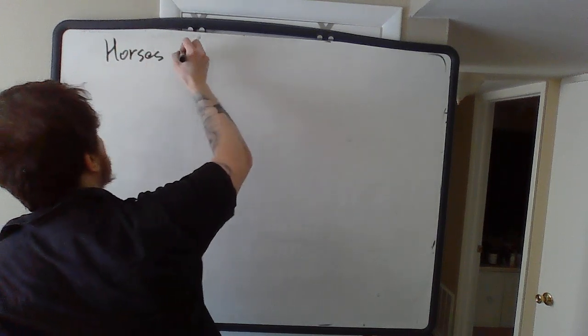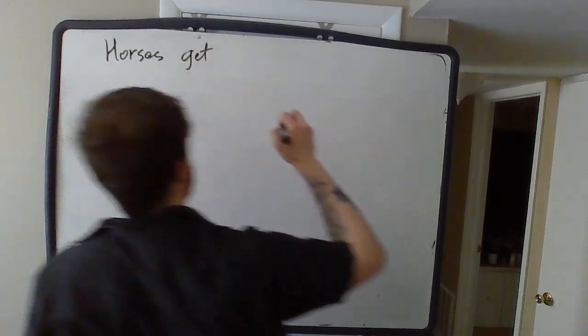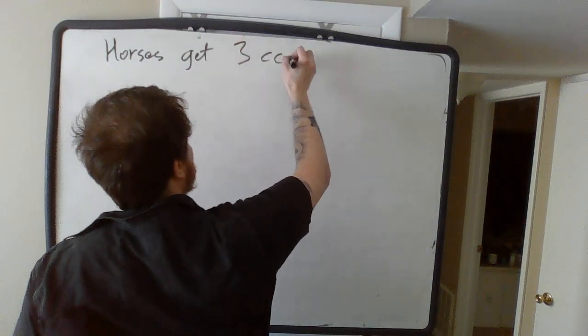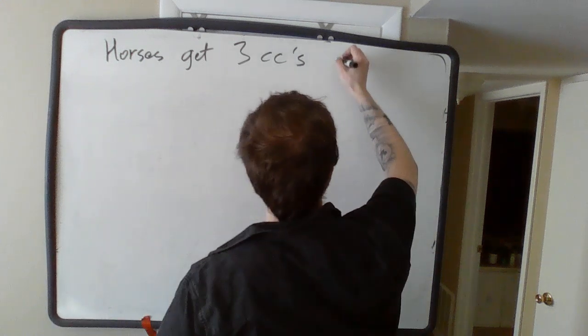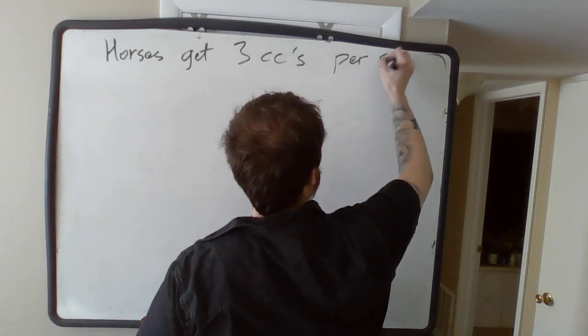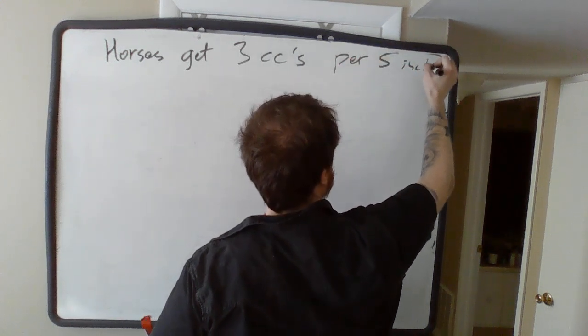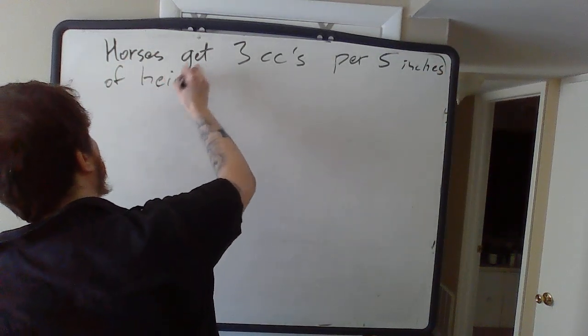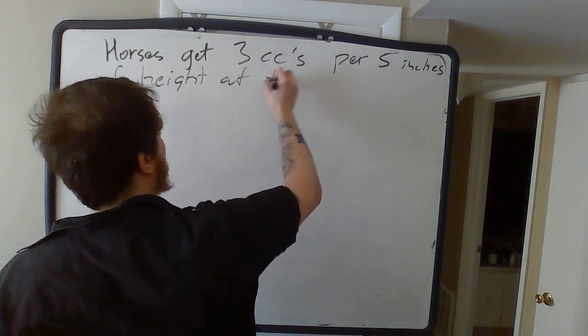So let's suppose that horses get, let's say, 3 cc's per 5 inches of height at the withers.